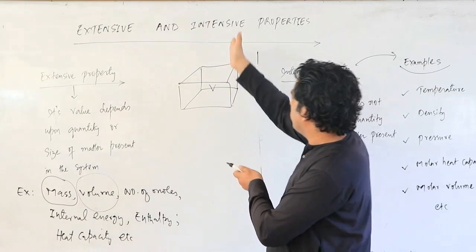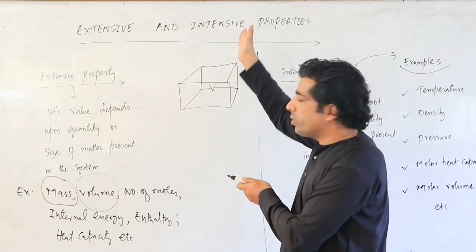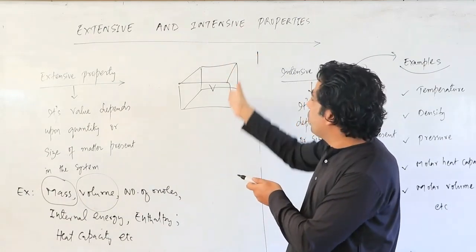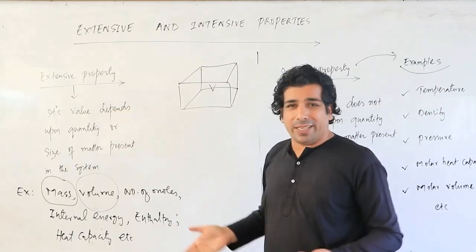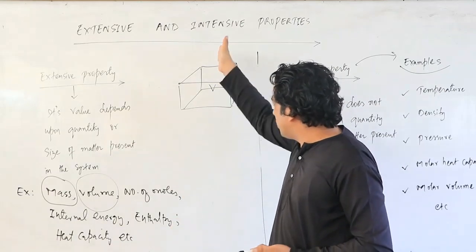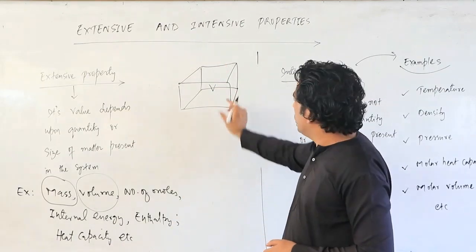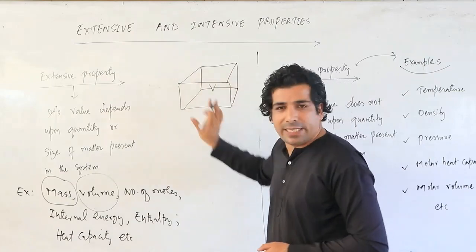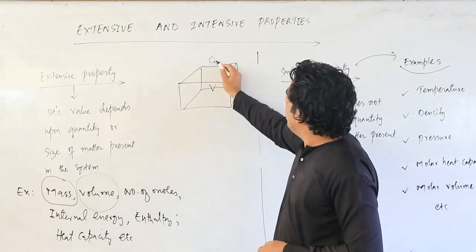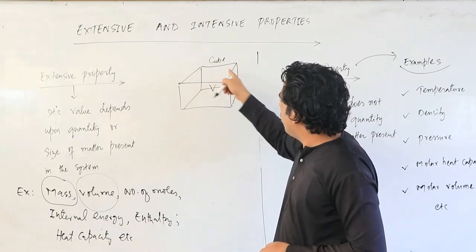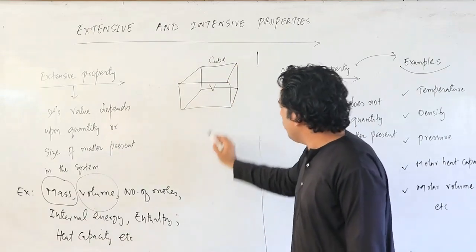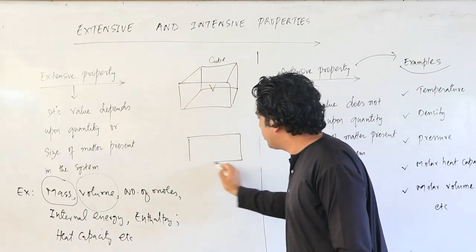I may put a mirror, or one glass, or one cardboard. I can put anything in the middle of this particular cube. This V stands for the volume of the cube. Now what I'm going to do with this cube, have a look here.